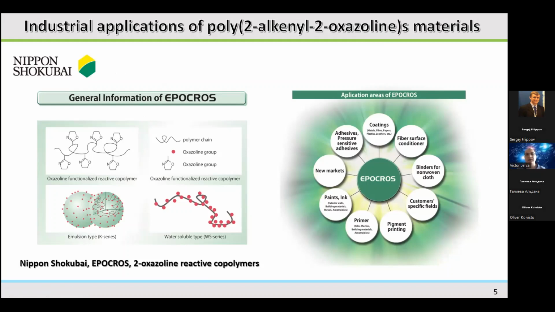And they are sold by Nippon Shokubai, a company in Japan, but this company is also active in Europe and in the USA, and these polymers are sold under the trademark of Epocros, and they are used as reactive copolymers for coatings, for inks, and so on and so forth.